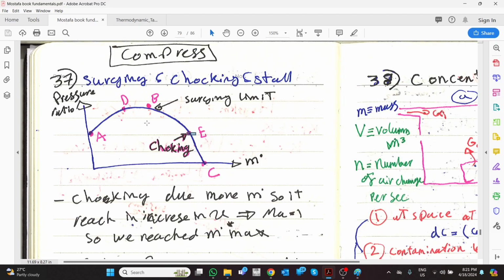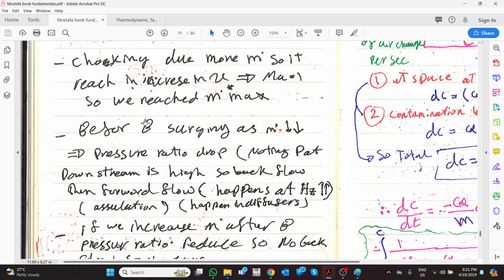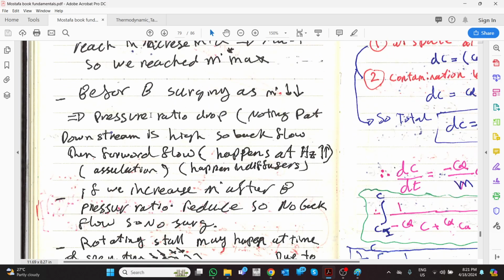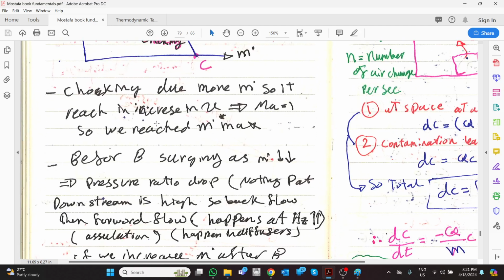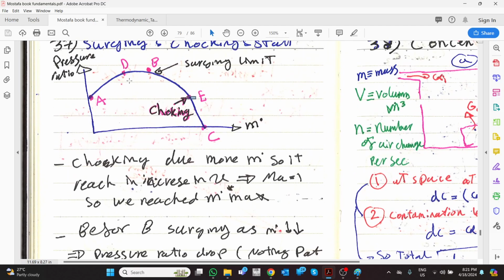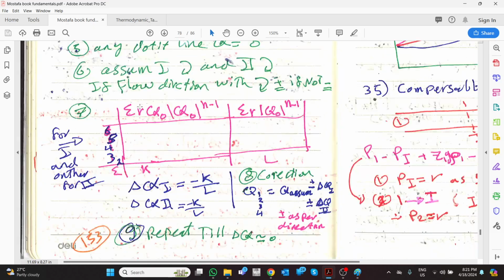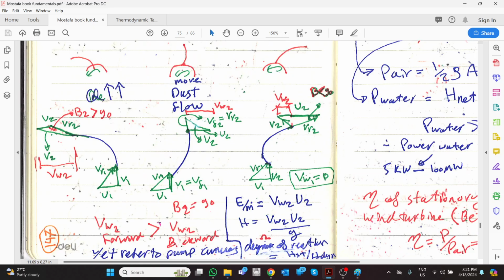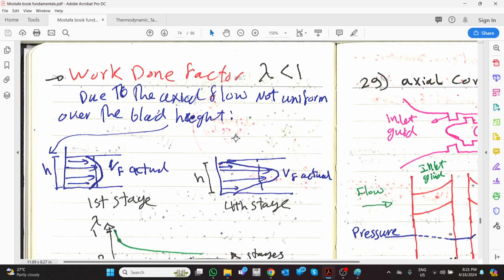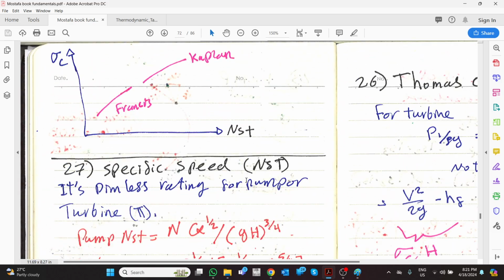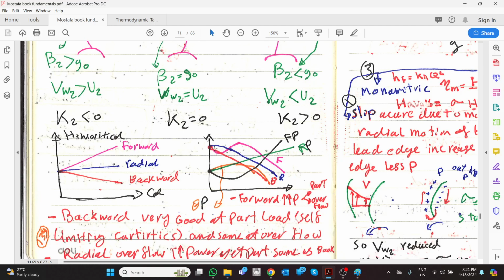Point number B is the surge limit. What does surge limit mean? Surge limit is the pressure drop ratio. Again, we discussed it before when we were speaking about forward curved fans. Here, from this point to here, don't select.